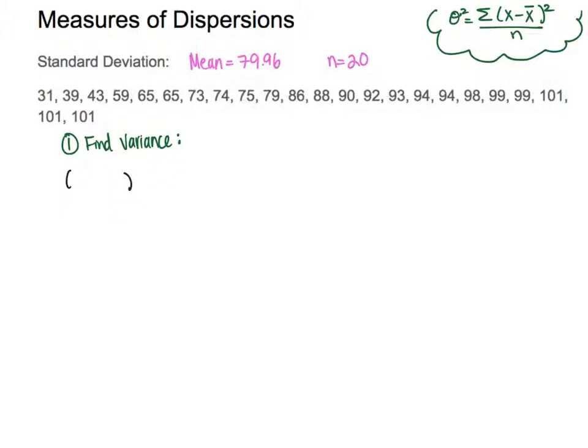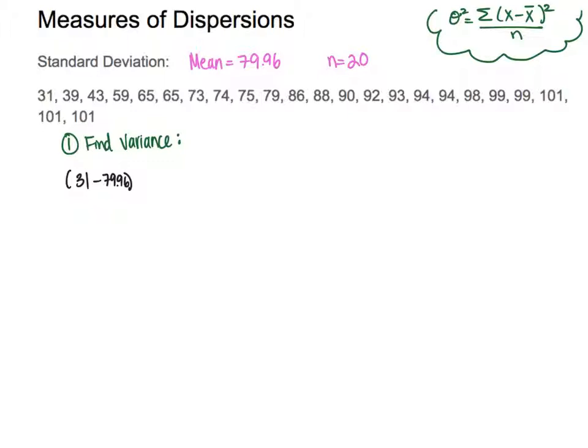So the first value here is 31, so I'm going to grab that. So 31 minus my mean, which is 79.96. If you have decimal places, no matter what, please do not round when you're trying to find the standard deviation. And by round, I mean don't round to the whole number.